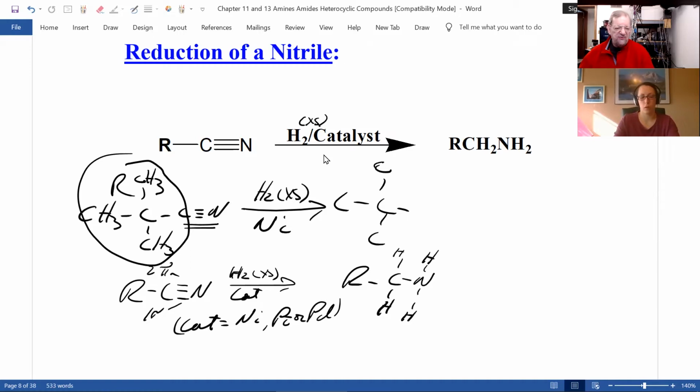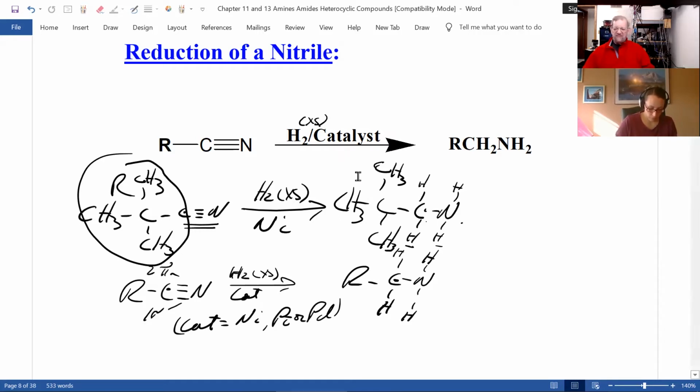And then here's my carbon triple bond to nitrogen, and each one gets 2 hydrogens. And don't forget, there's 4 bonds to carbon, so I can put in the rest of the hydrogens. And here, these two, you could have put CH2 and H2 if you wanted to. And that's how you do it. Any questions?